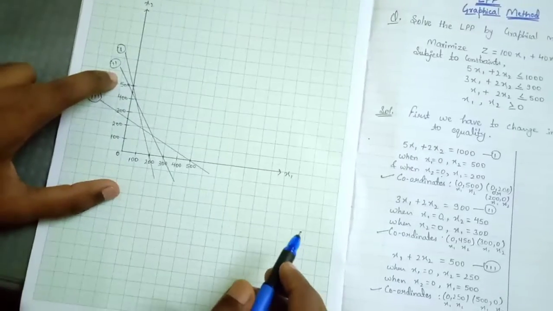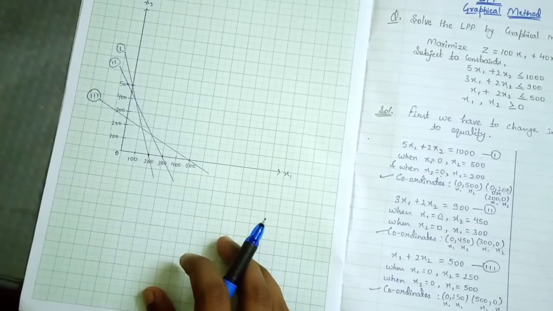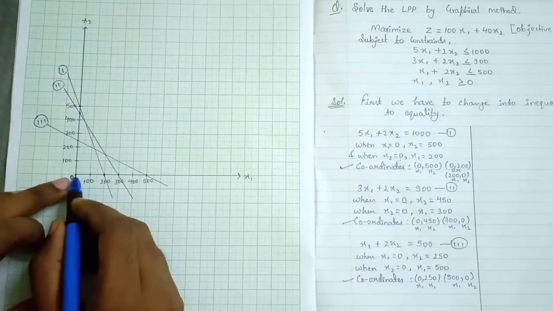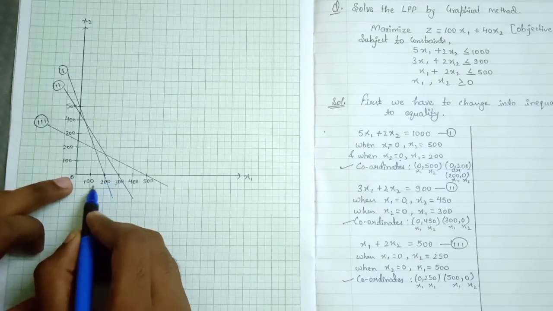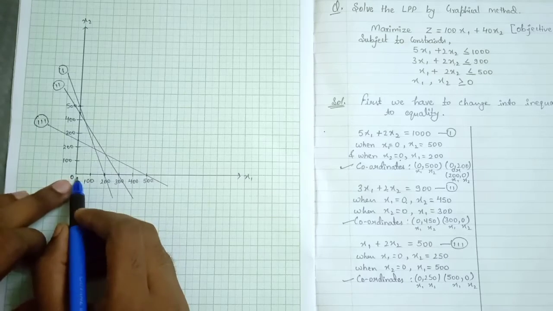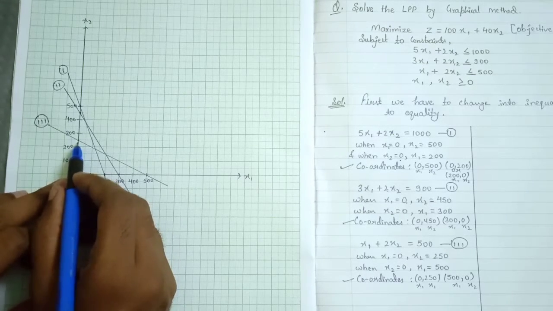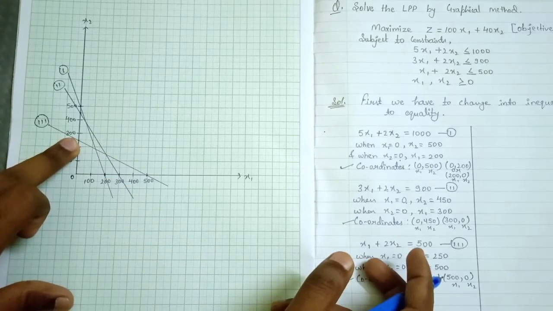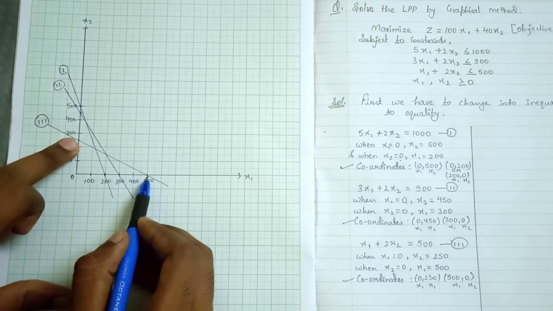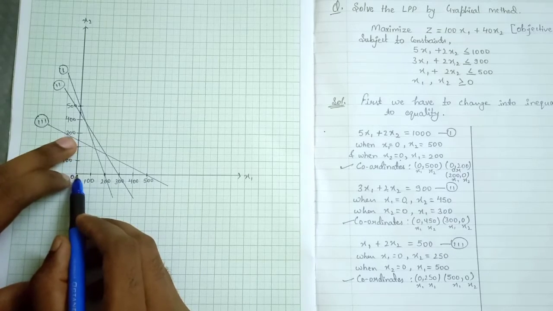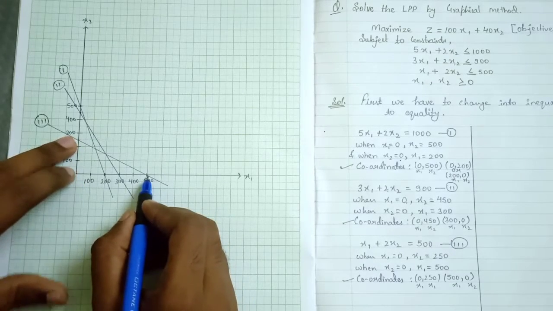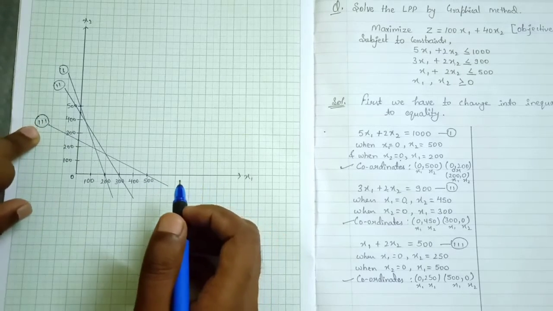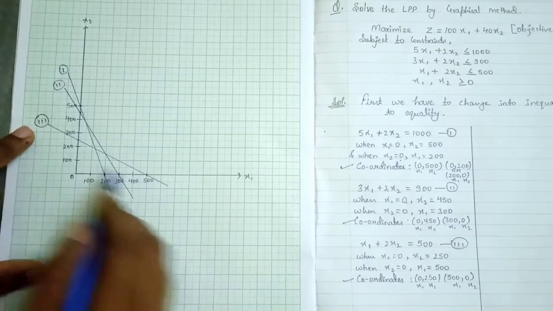Then for the third, the first point is (0, 500) and the second is (500, 0), where 500 is x1 and x2 is 0. We will join these 2 points and we will get the third equation line. Okay, we have done this.